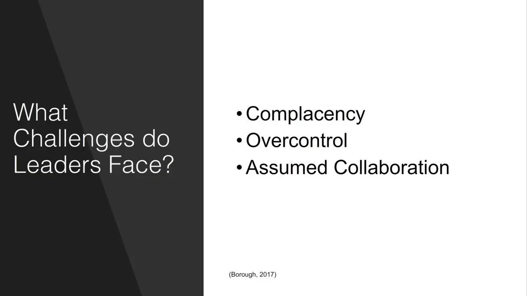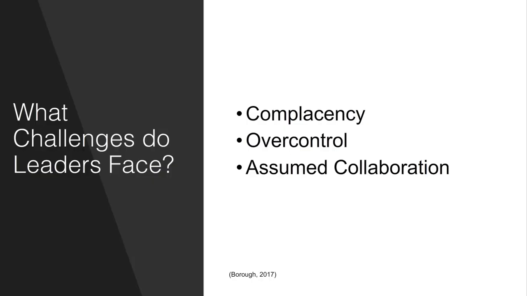The second challenge is over-control. Leaders who are not able to delegate work to others may become micromanagers. When that happens, independent thinking and creativity in others stops. Leaders must move away from individualistic thinking and transform thinking from me to we.